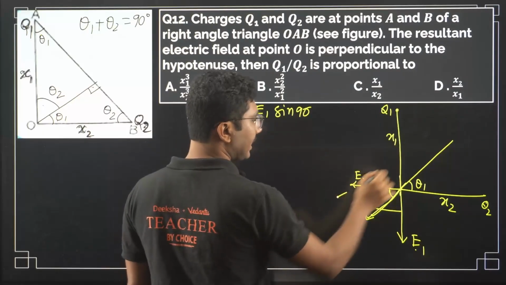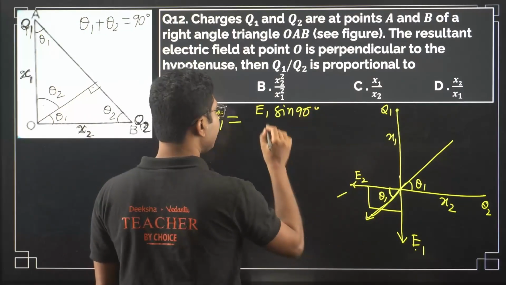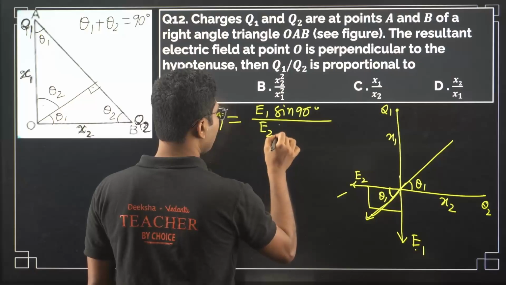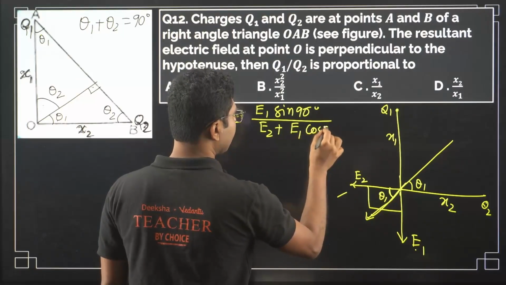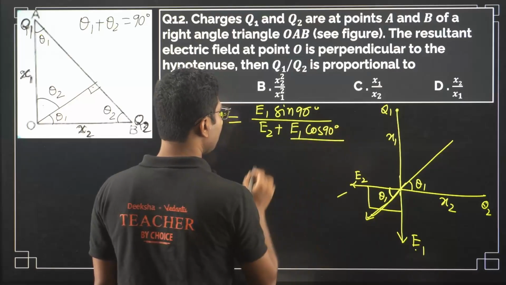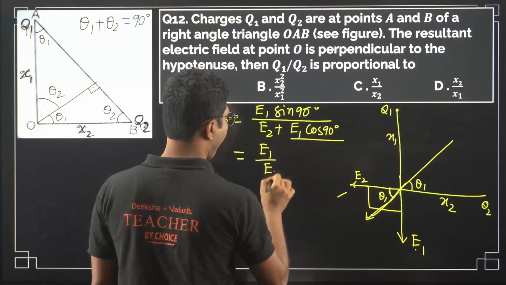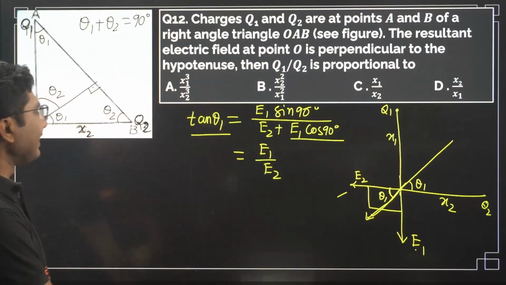By geometry E1 and E2 are perpendicular, right? So sine 90 degrees divided by E2 plus E1 cos 90 degrees. Now cos 90 is 0, so you get E1 by E2. So tan theta 1 is basically E1 by E2.